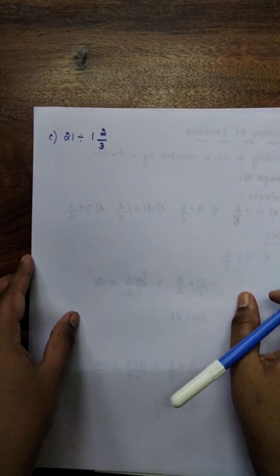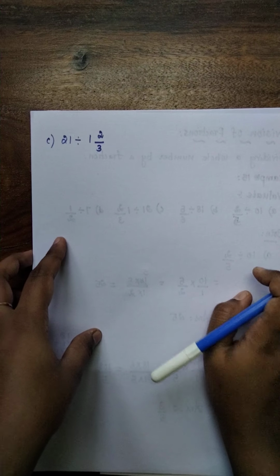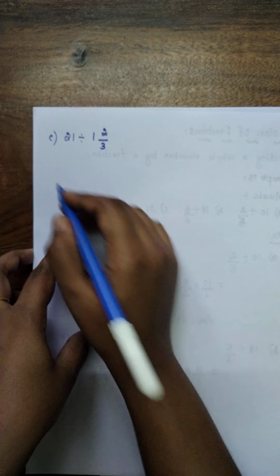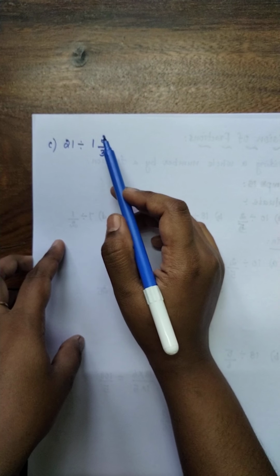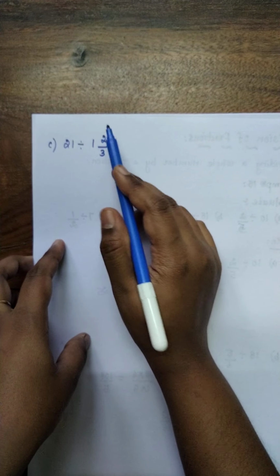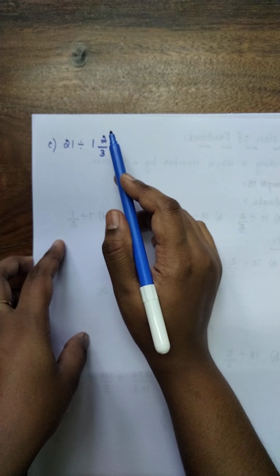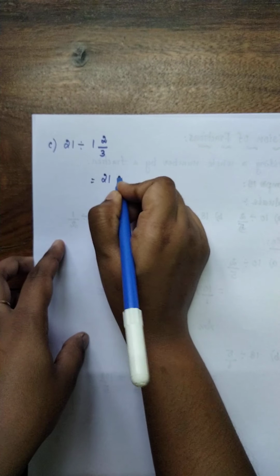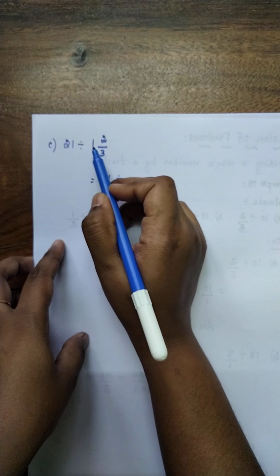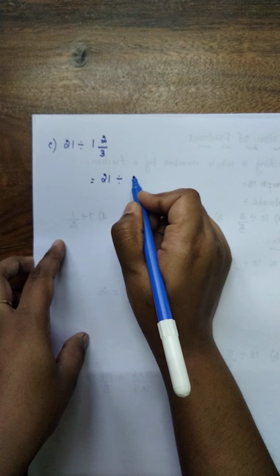So next question, 21 divided by 1 2 by 3. This is in the form of a mixed fraction. First convert this mixed fraction into an improper fraction. 1 3 is 3, 3 plus 2 is 5. So 5 by 3.